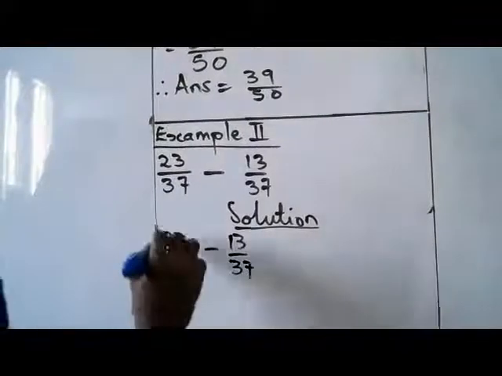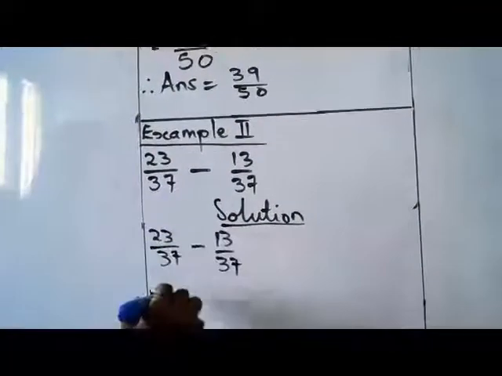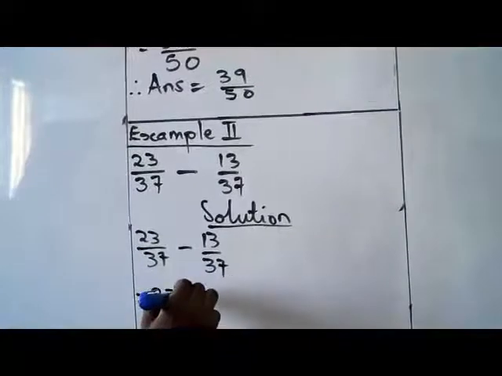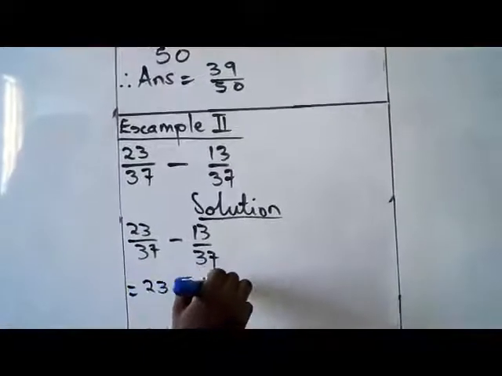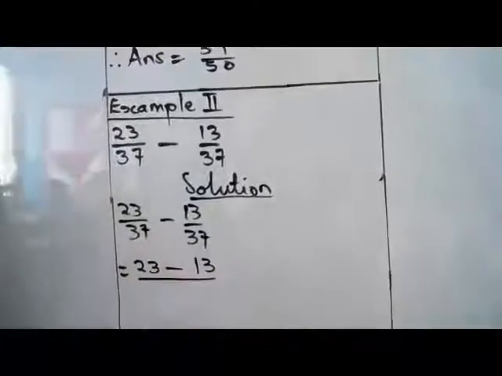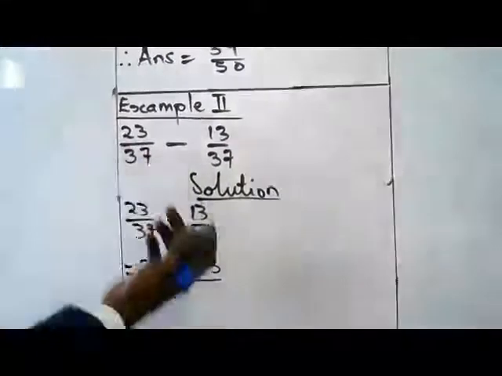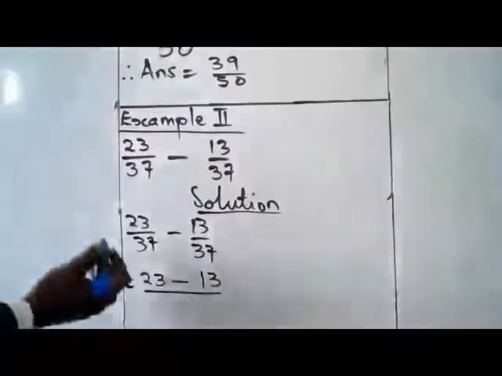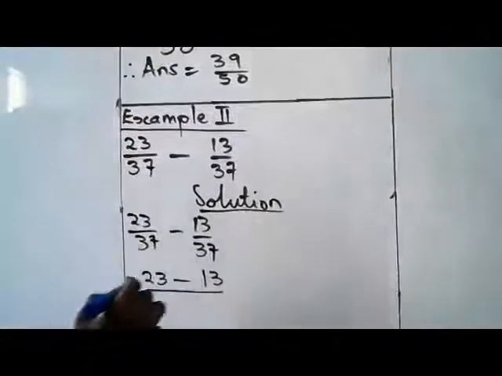Remember what we said, you have to start with your numerator, which is 23 minus 13 over, are we going to bring down both denominators? No, we are bringing down just one. Why? Because they are of the same value.